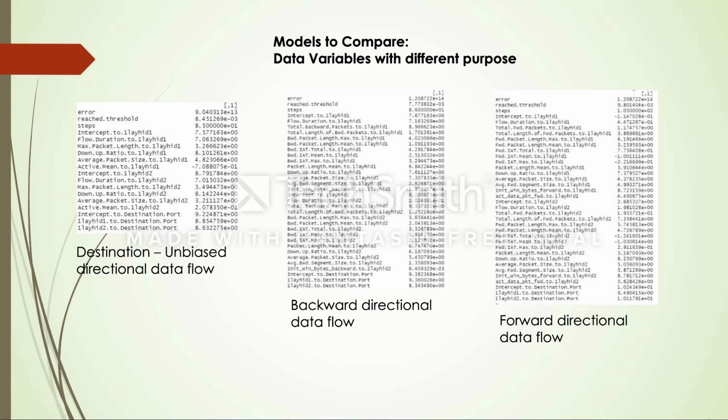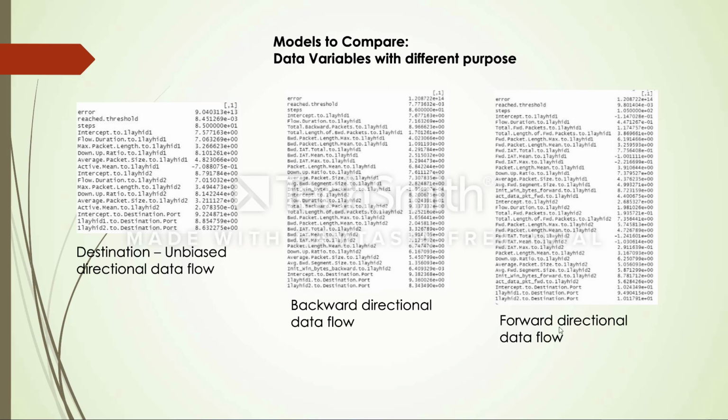What I mean by 3 variations is that when I created these models, one variation focused on unbiased directional data flow. The second variation would be backwards directional data flow, which, as you can see, included all the variables that had a backwards orientation for the data packets in just one variation of the models.